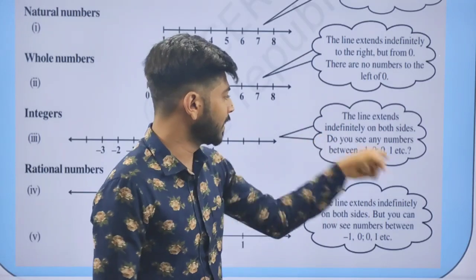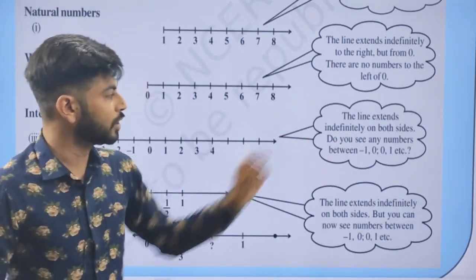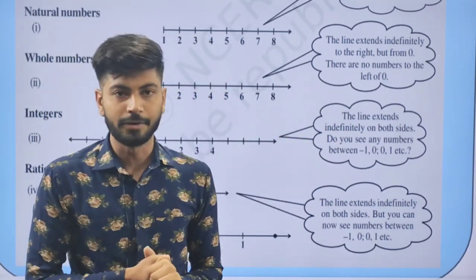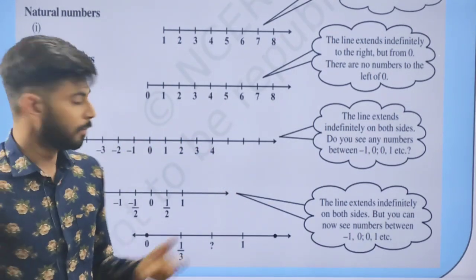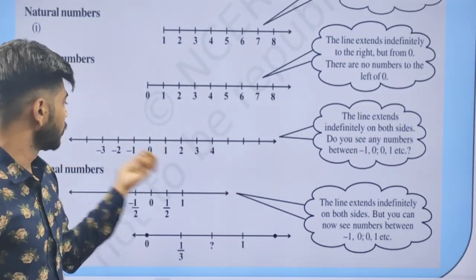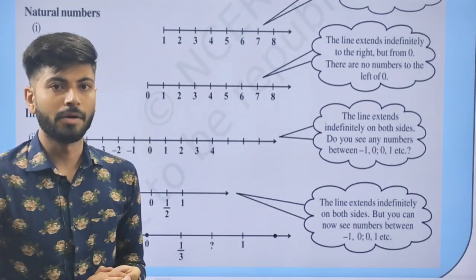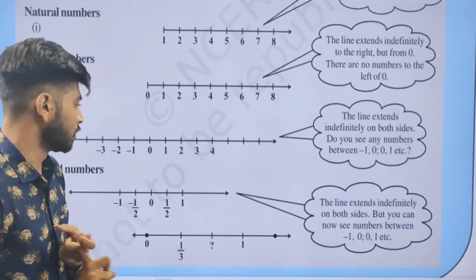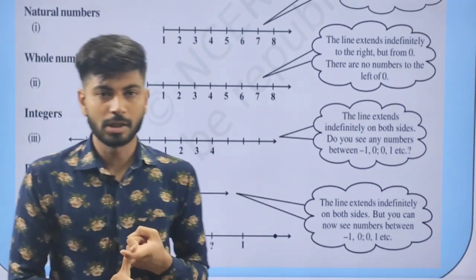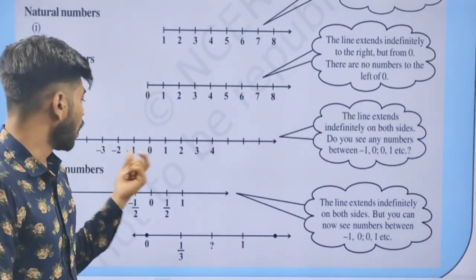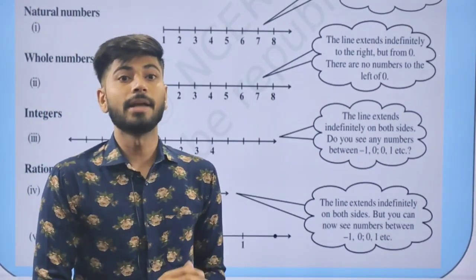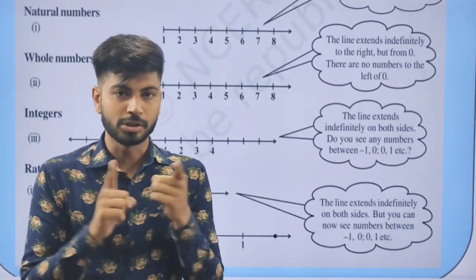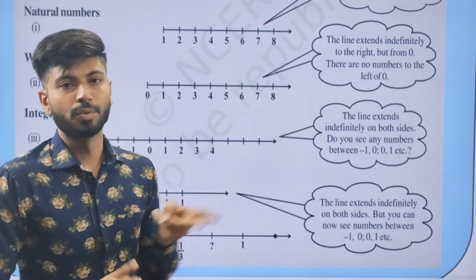Do you see any numbers between -1, 0, and 0, 1, etc.? Can you see the numbers between these? No, there is no number between 0 and 1, or 0 and -1, etc. But in rational numbers, remember that there will always be a rational number between 0 and 1. You can say there are infinite rational numbers between any two numbers.